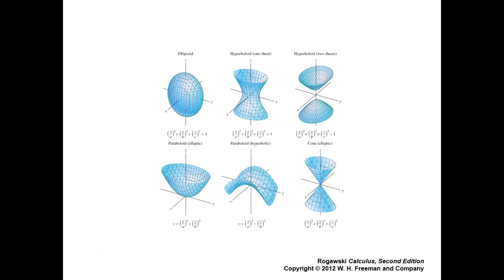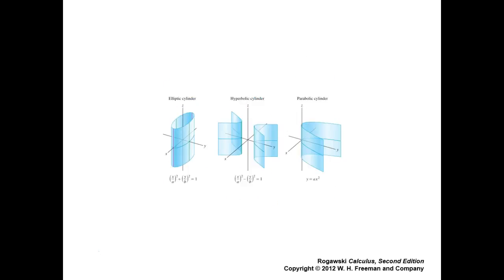Number 6. What is the definition of a parabolic cylinder? Yeah, there's a formal definition, but just give me a quick and dirty on it. In one of your coordinate planes, usually x, y, but it doesn't have to be, it is defined by a parabola.